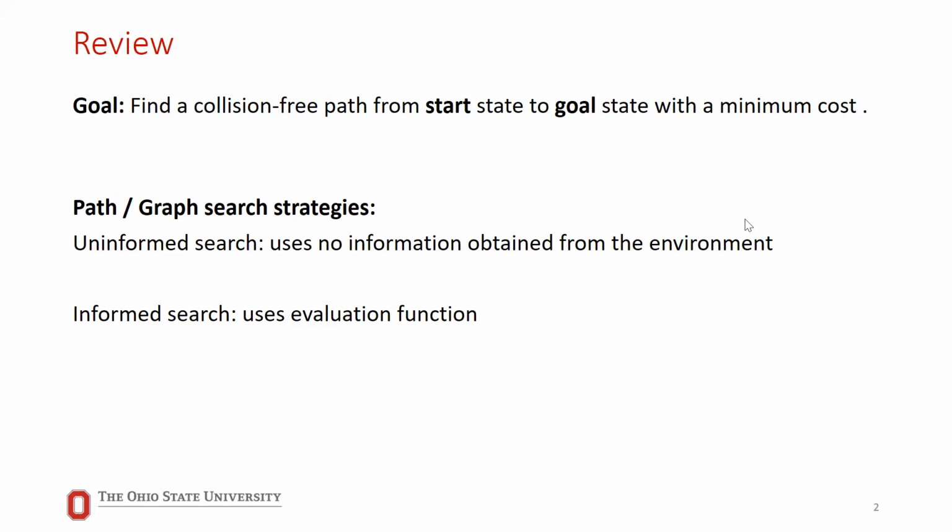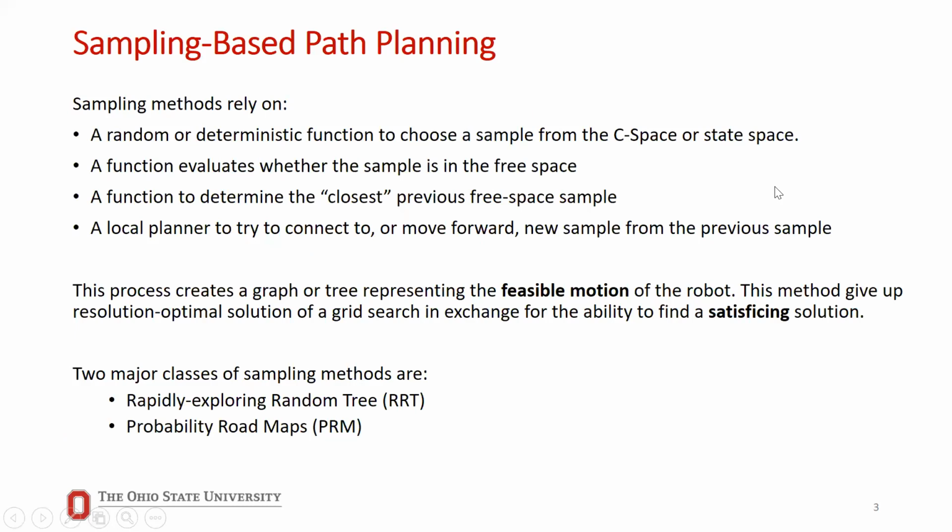All right. So in the other method, when we have a continuous environment, we can discretize it, but it's a little bit different from what we had seen before. In this method, we are using sampling, meaning that we pick sample nodes in the free space that's provided and try to find paths between them. So in the sampling method, there is a function that randomly generates sample points.